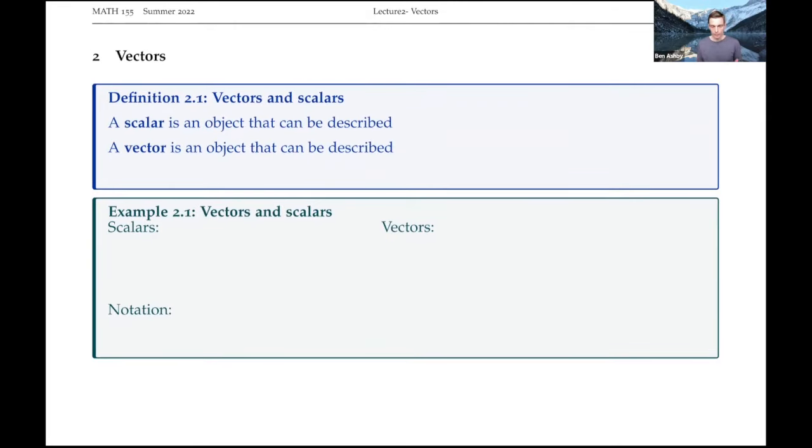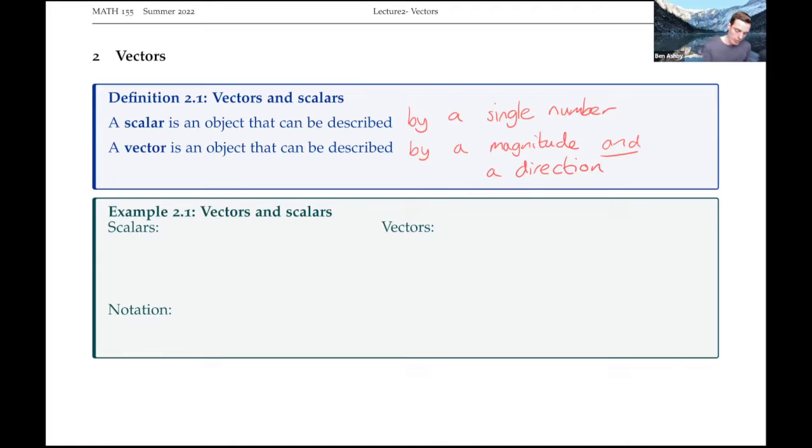So a scalar is any object that can be described by a single number. Your height, for example, is a scalar. Whereas a vector is an object that can be described by both a magnitude and, crucially, a direction. We need these two pieces of information to describe a vector.